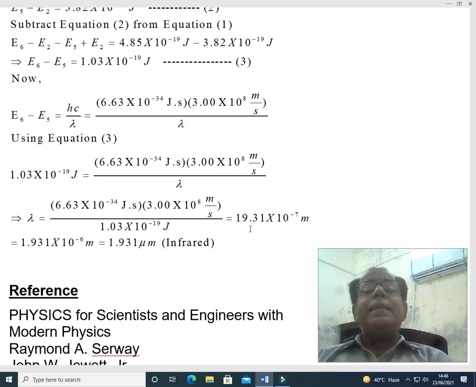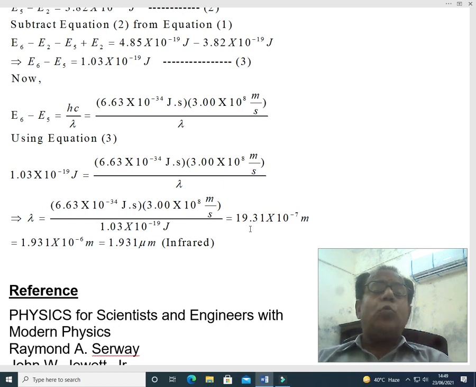We know that 10 raised to the power minus 6 is a micrometer. So what we have done in the next step, we have converted 19.31 into 1.931, because by doing so we will get into 10 raised to the power minus 6 meter, which is equal to 1.931 micrometer.